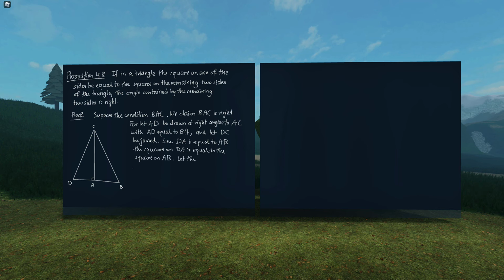So let the square of AC be added to each. Well, by Pythagoras, when we add the square here to the square here, since this is a right angle, we get the square on the side CD.